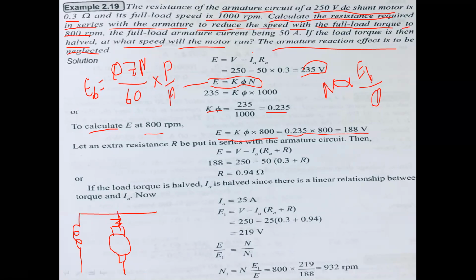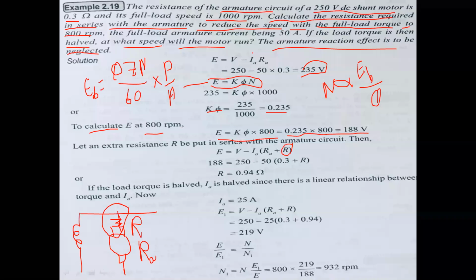If you want to increase the speed, we add the resistance in series with the field. If you want to reduce the speed, you add this resistance in series with the armature. So this is the R value, the extra resistance added to reduce the speed of the motor.